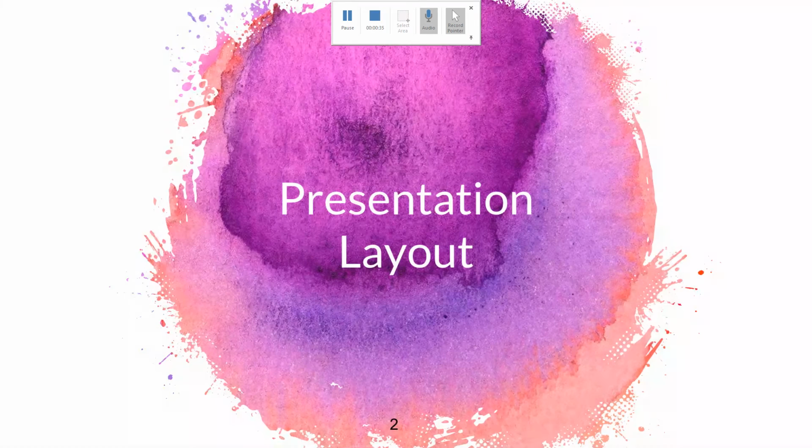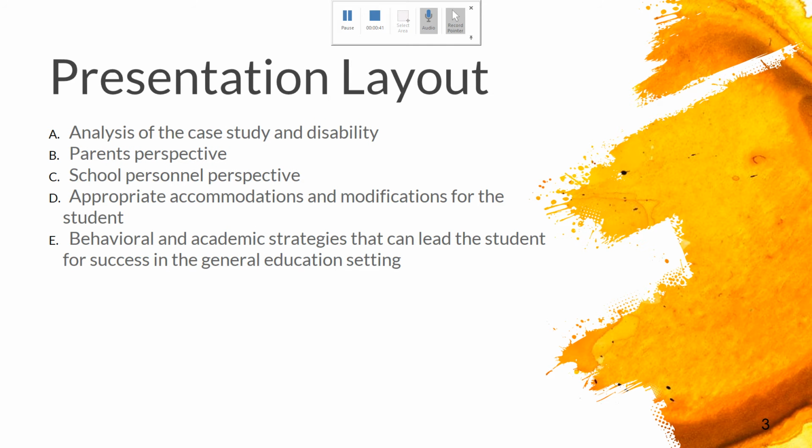So first, I will be discussing the layout of my presentation. I will first be discussing an analysis of the case study, and then I will have an analysis of the disability. I will also then be discussing the parent's perspective of the student in the school setting, and then also a school personnel perspective of the case study.